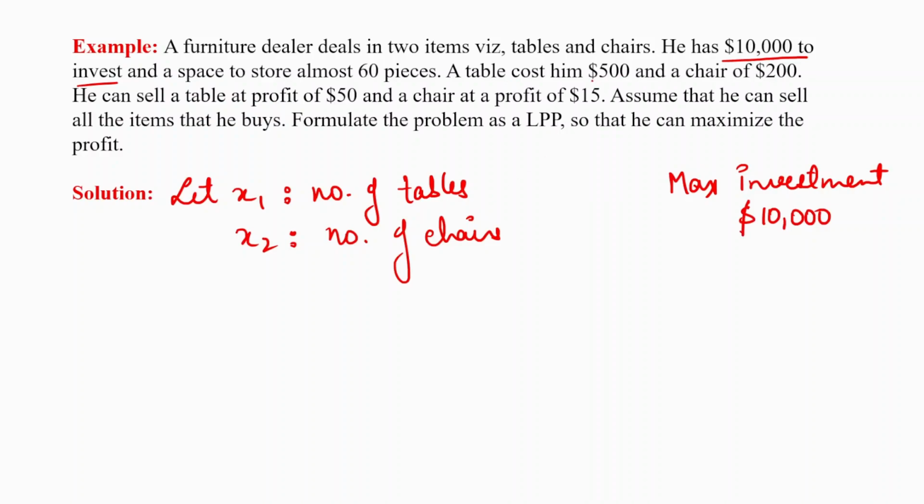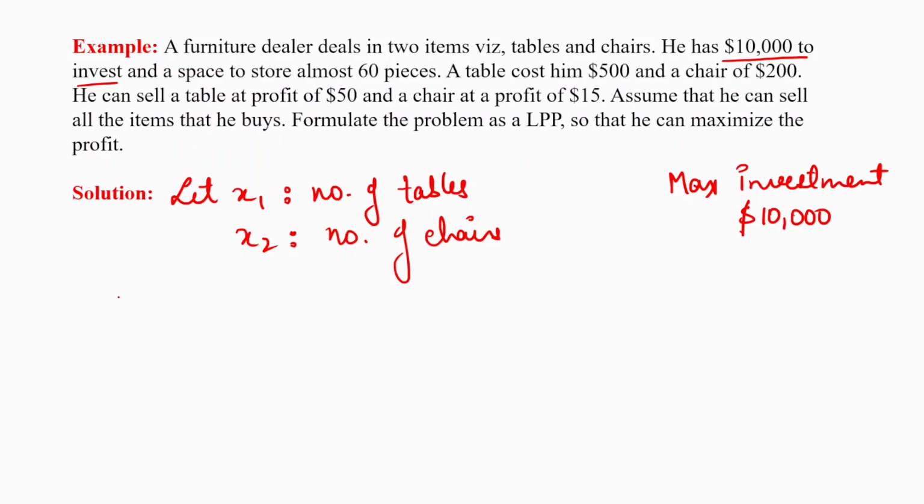A table costs him $500 and a chair costs $200. He can sell a table at a profit of $50 and a chair at a profit of $15. Assume that he can sell all the items that he buys. Formulate the problem as an LPP so that he can maximize the profit.